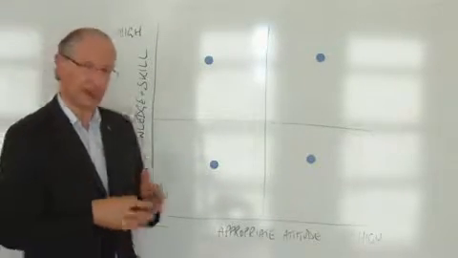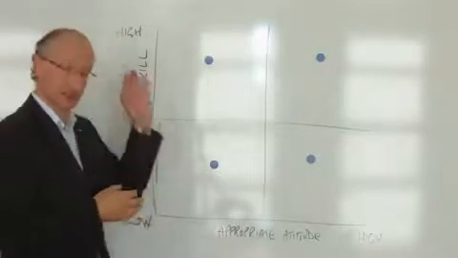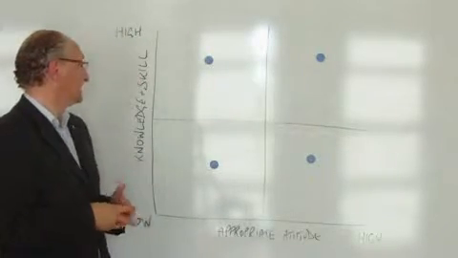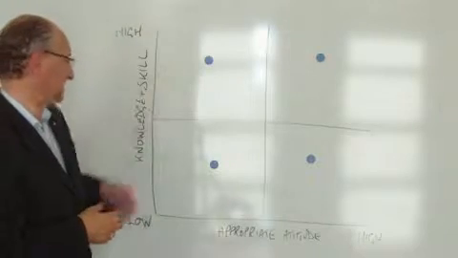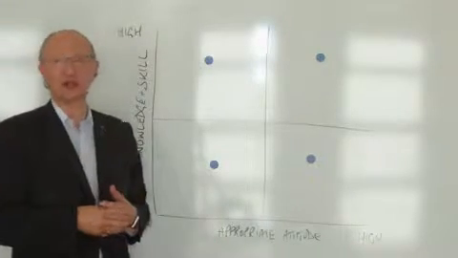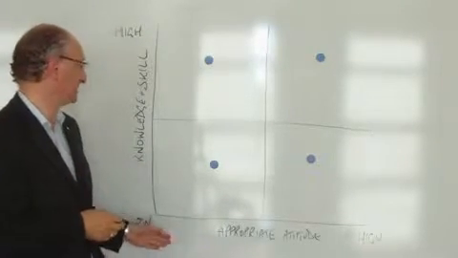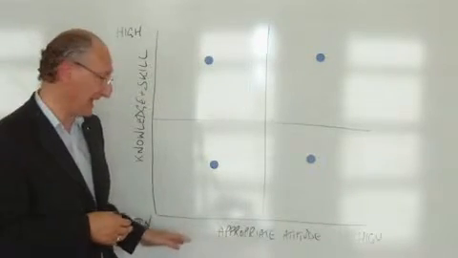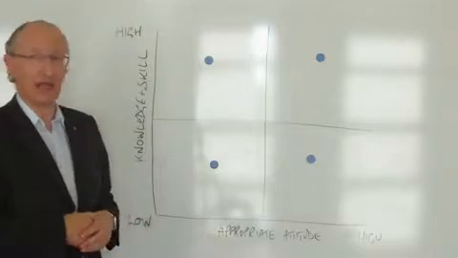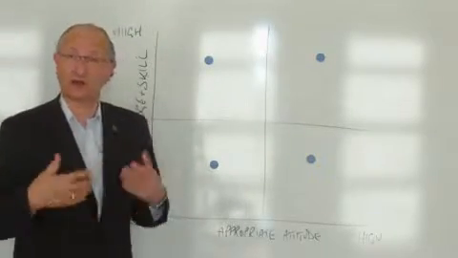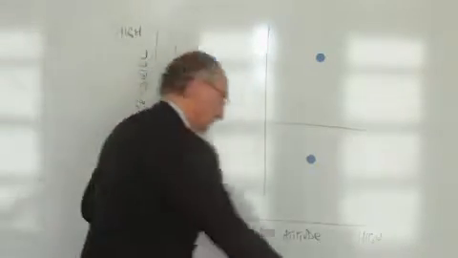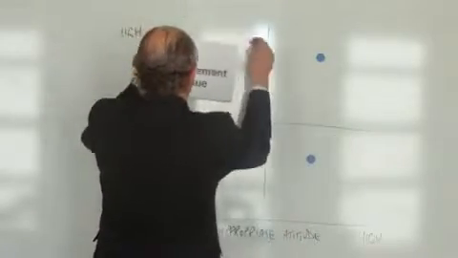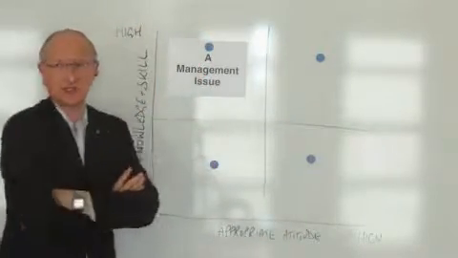Now, let's look at the four quadrants that this produces. Somebody who has high knowledge and skill, but does not have the appropriate attitude, in other words, they're highly skilled, got high ability, but they don't seem to care. The issue there is not a developmental training one, but a management issue.